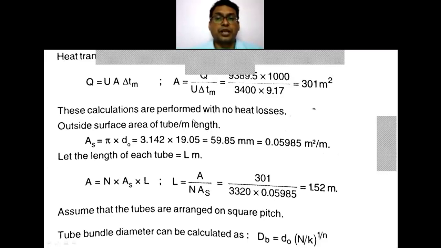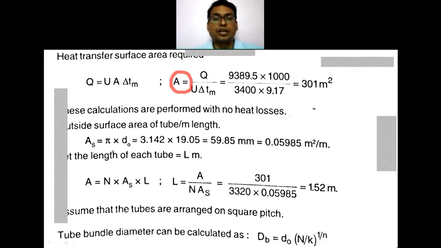The surface area is pi d into L, and we calculate it per meter length, so pi d into 1 is taken into account, with do the outside diameter, because we are calculating the heat transfer area based on the outside surface area.